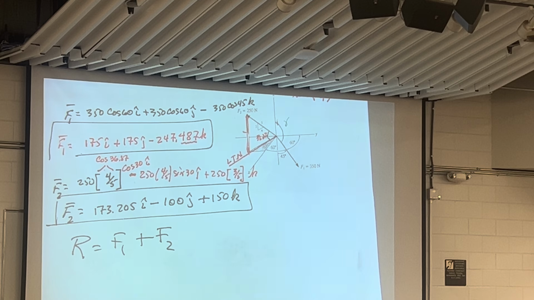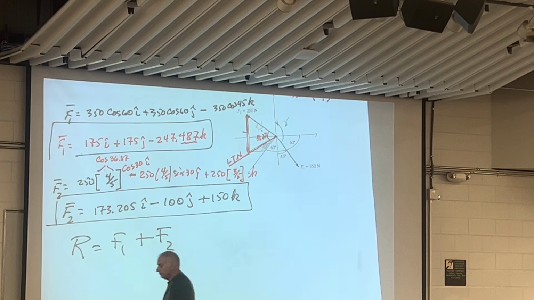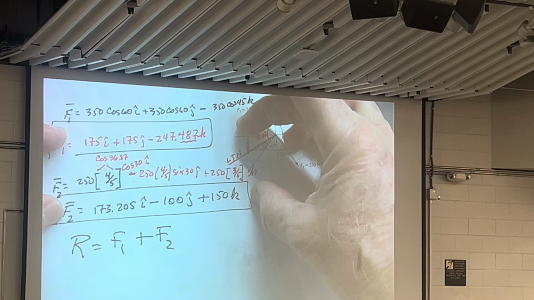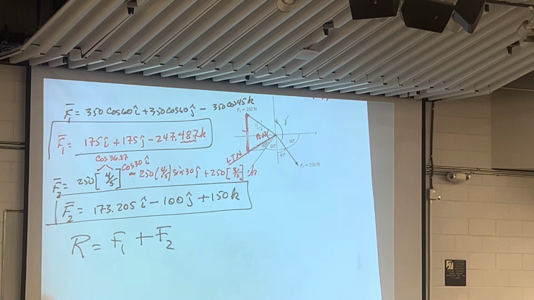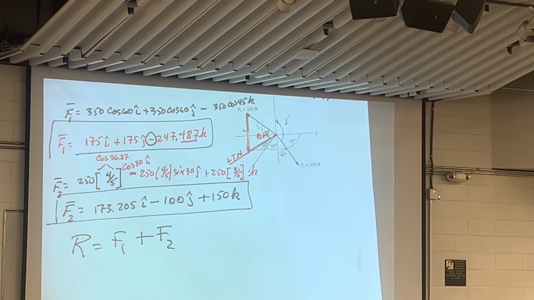Does everybody understand what we did? Without that cosine 30, I'd still be on the line of nowhere. So cosine 30 swings me to the x-axis. Any questions on what we did with 1 and 2? Key element here is that negative sign there is huge.